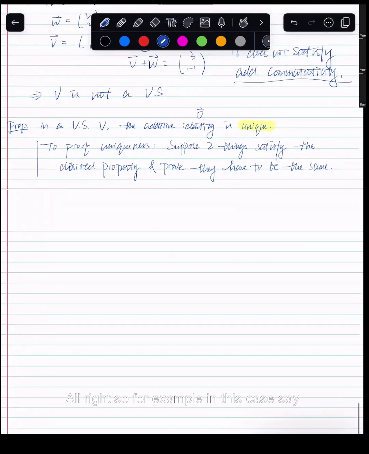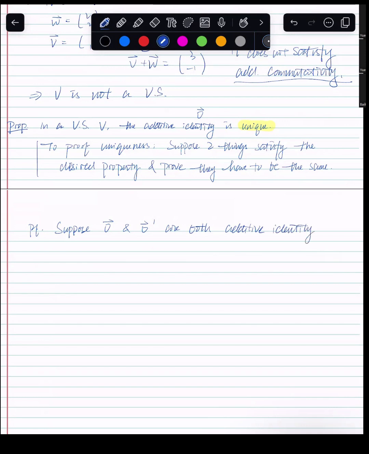So for example, in this case, suppose both the zero vector and a zero prime vector are additive identities in the vector space.